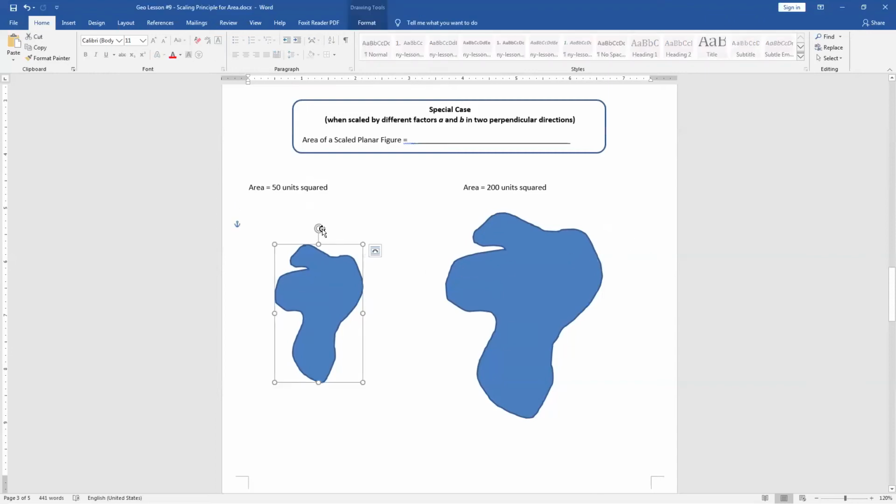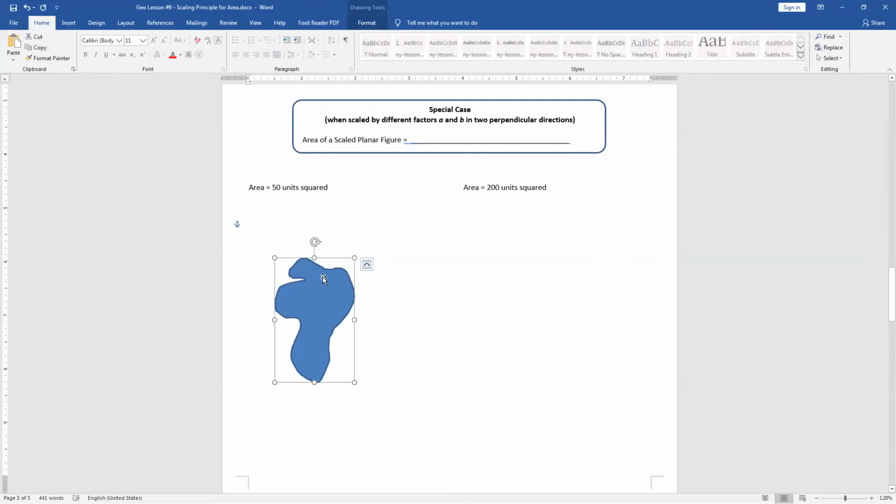Right, and what I mean by perpendicular directions is, you notice I'm scaling vertically and horizontally. Those are perpendicular directions. And pretty much anytime we scale in 2 different perpendicular directions, it's going to be the vertical direction and horizontal direction, but it doesn't have to be.